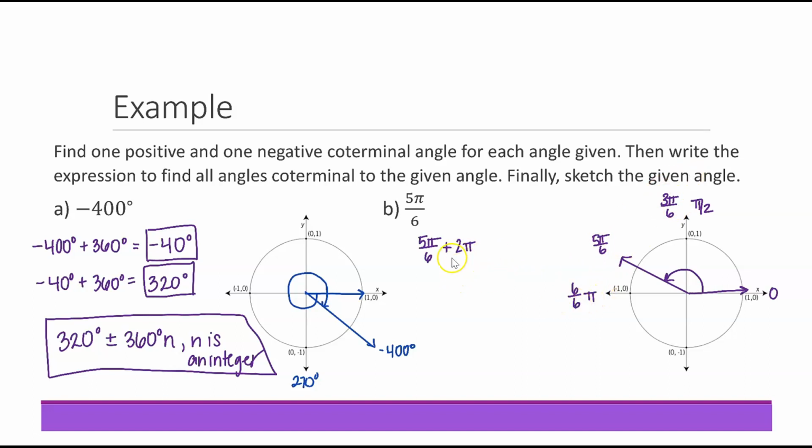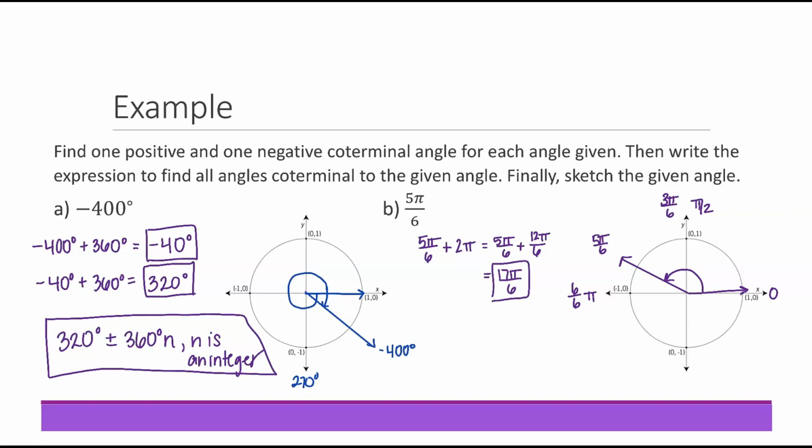So I multiply the top and bottom of 2 pi by 6 and get 12 pi over 6. Now that I have a common denominator, if I add the numerators, I have 17 pi over 6. So that is a positive coterminal angle.